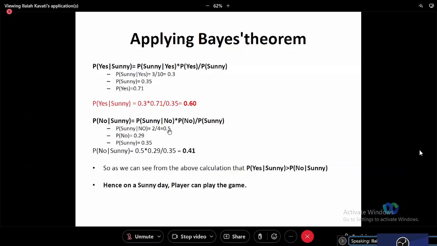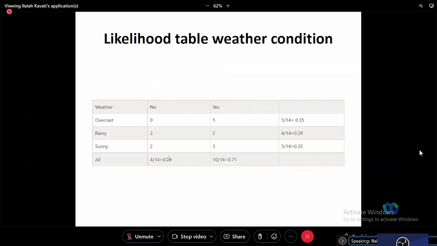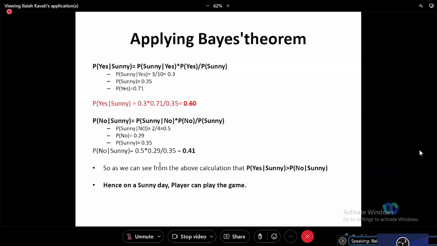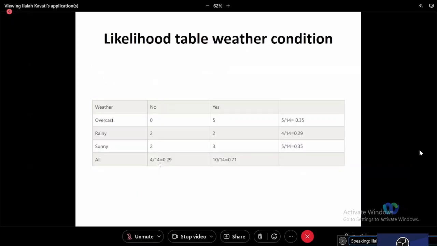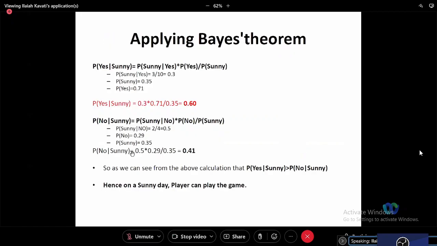So 2 by 4, that is 0.5, and probability of no is 0.29, and probability of sunny is 5 by 14, right? 0.35. So the probability of no play is 0.41, right?